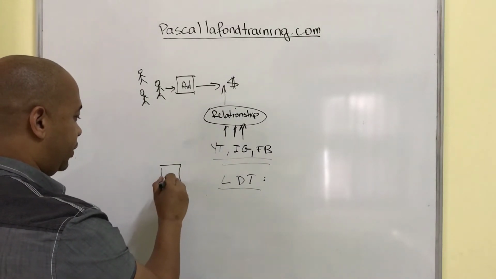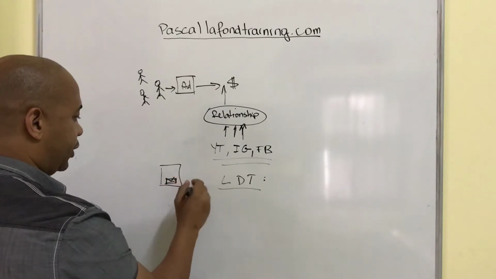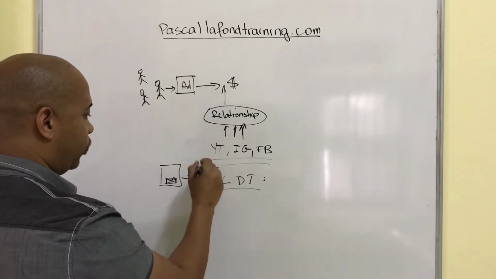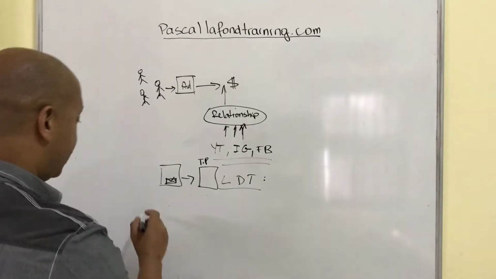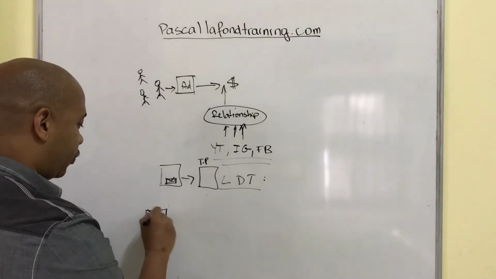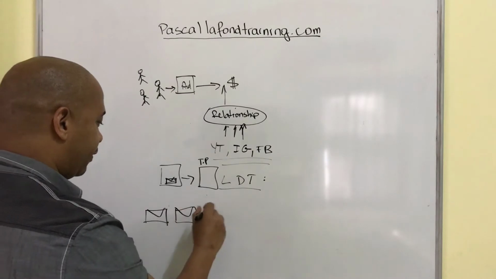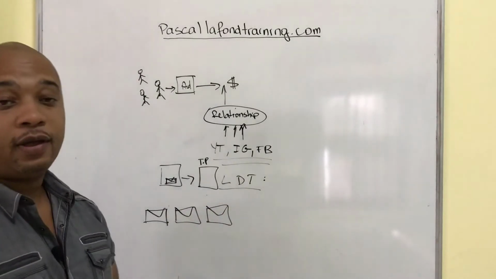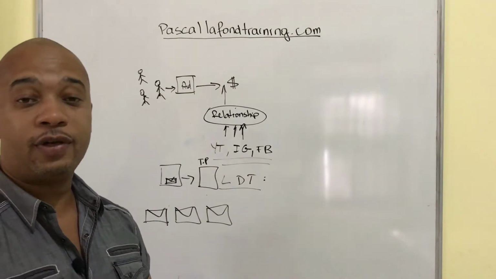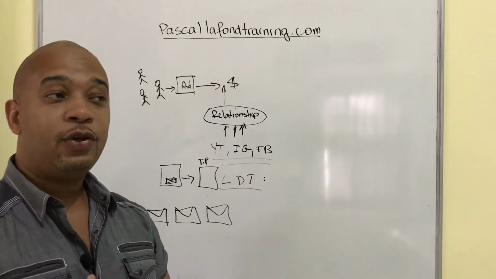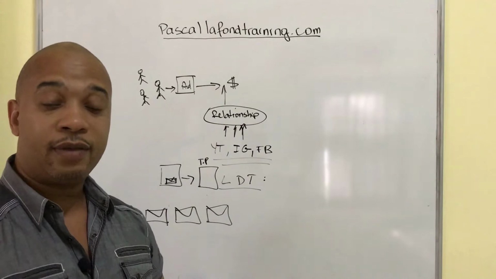Here they enter their email, and then they go to a thank you page or a bridge page. So you capture their email, and you're going to provide them value in your email series. The value can be, first, you can introduce yourself and get them to know you.